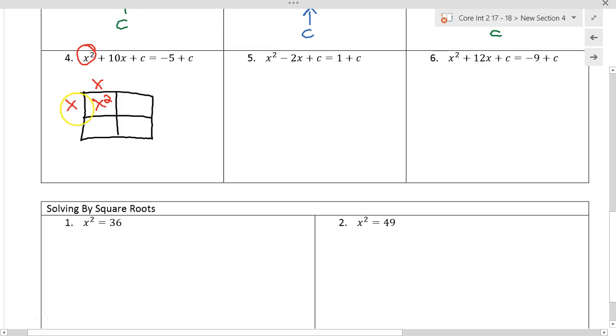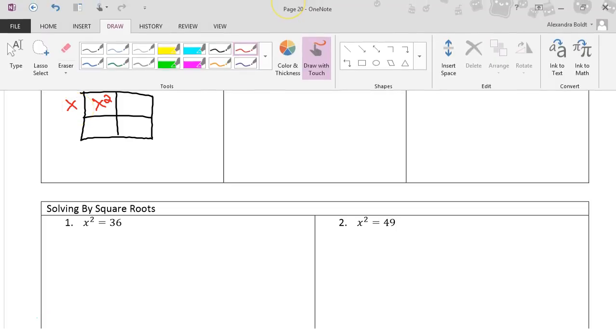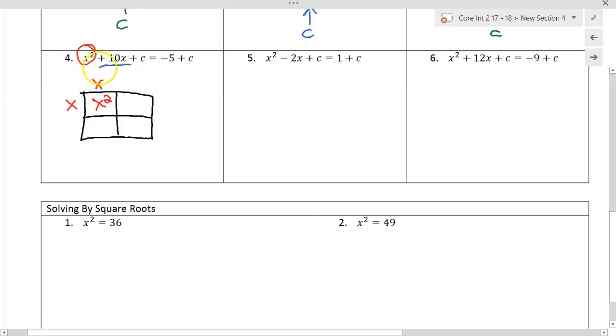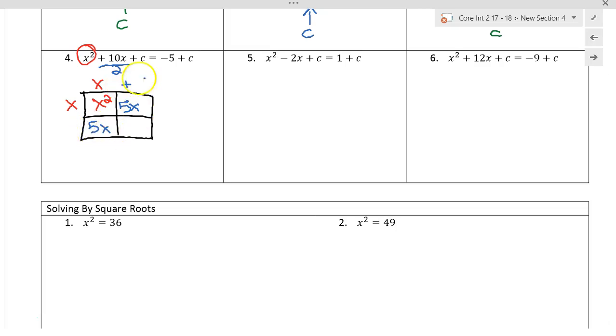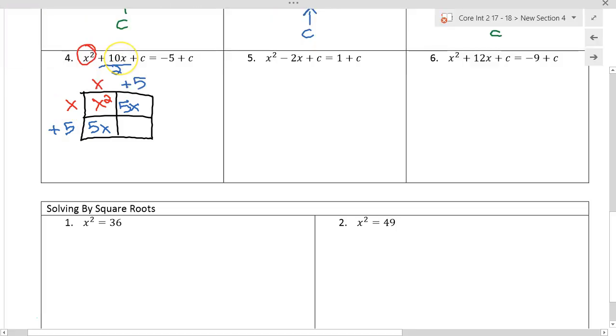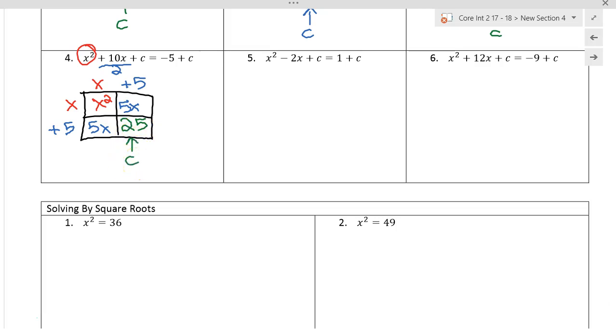X squared is x times x. We're going to take 10x and divide by 2. 10 divided by 2 is 5x, and 5x. X times positive 5, x times positive 5, and then 5 times 5 is 25. And that's my value of c.